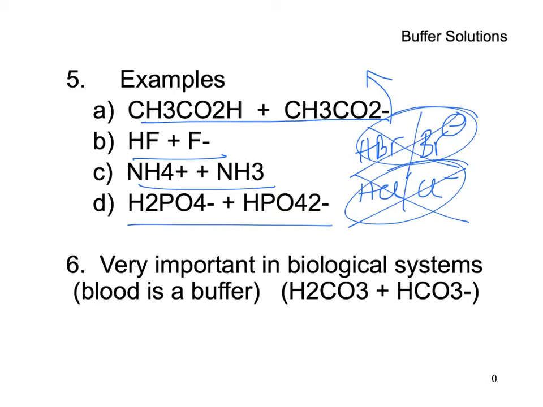Buffers are very important in biological systems for proper protein functioning, because proteins, hopefully you know this from a biology class, ultimately depend on their structure, the way they fold, for their functioning.